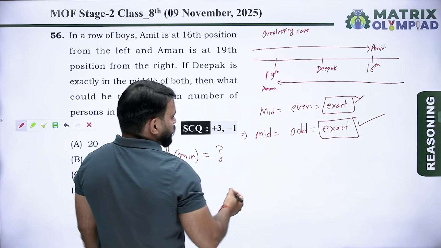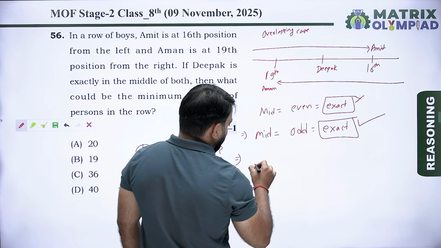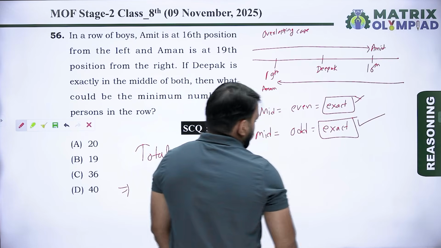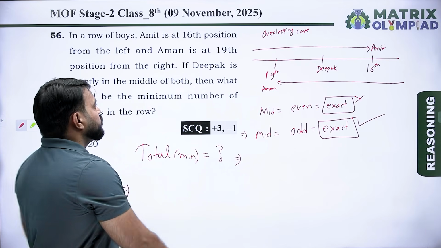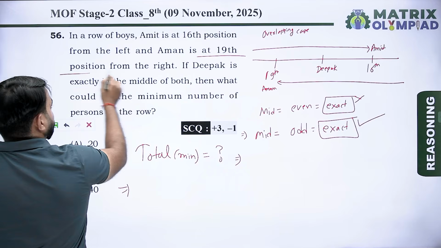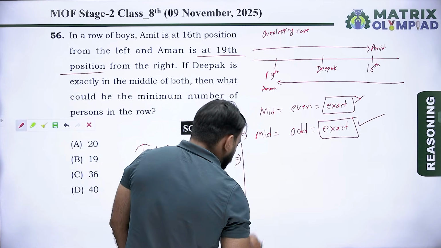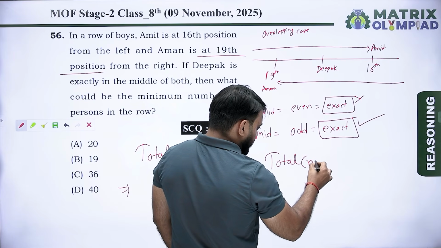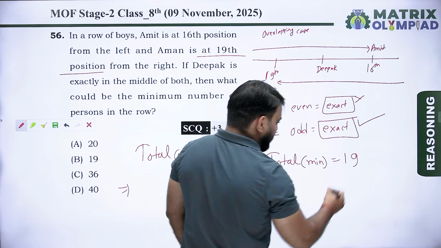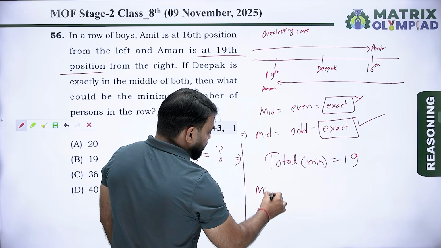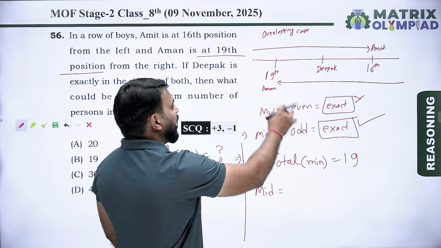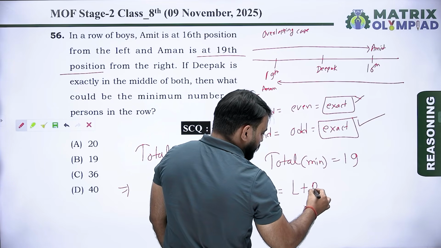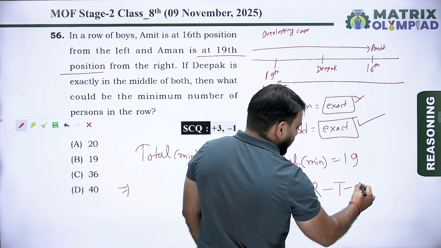So in this question, the total number of minimum people cannot be less than 19 because position of Aman is 19th. So if total number of people is equal to 19, then the number of mid people between Aman and Amit is equal to left position plus right position minus total minus 2.